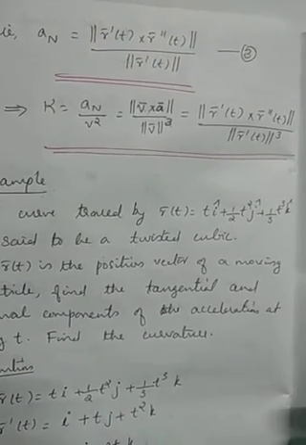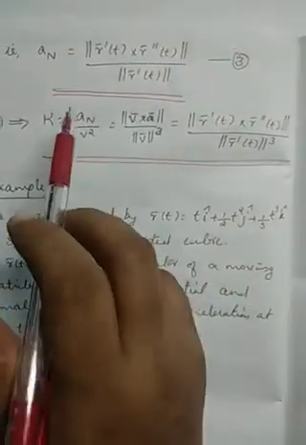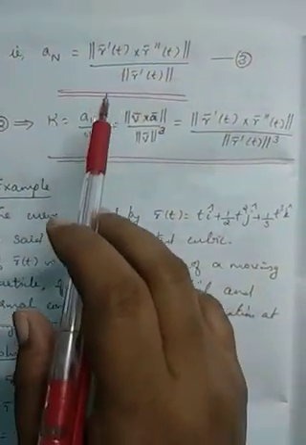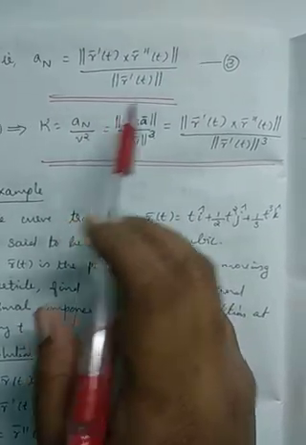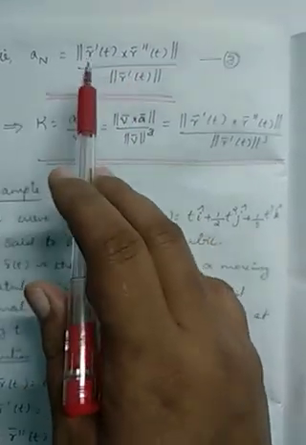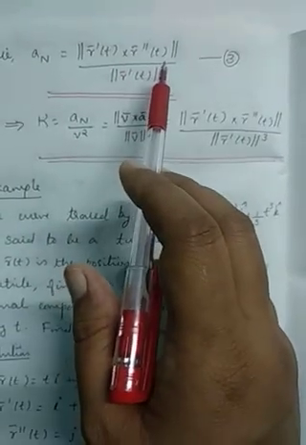Now, An can also be written in this form because we have An is equal to norm of V cross A divided by norm of V, and we know that V is equal to r dash of t and A is equal to r double dash of t.